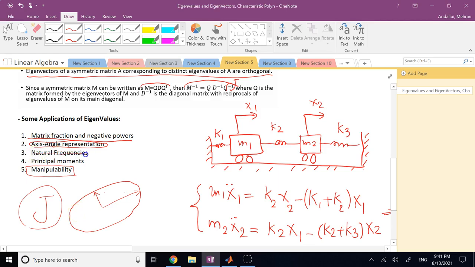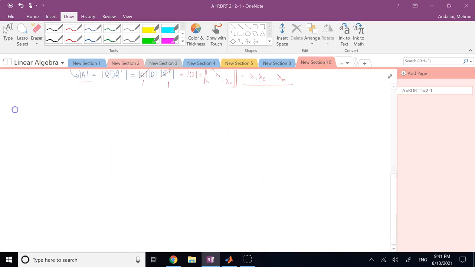I told you about natural frequencies, and finally something maybe related to your statics or solid mechanics are principal moments. If you remember in your statics or solid mechanics, you calculated the moments of inertia or the moments of surface for any arbitrary surface.